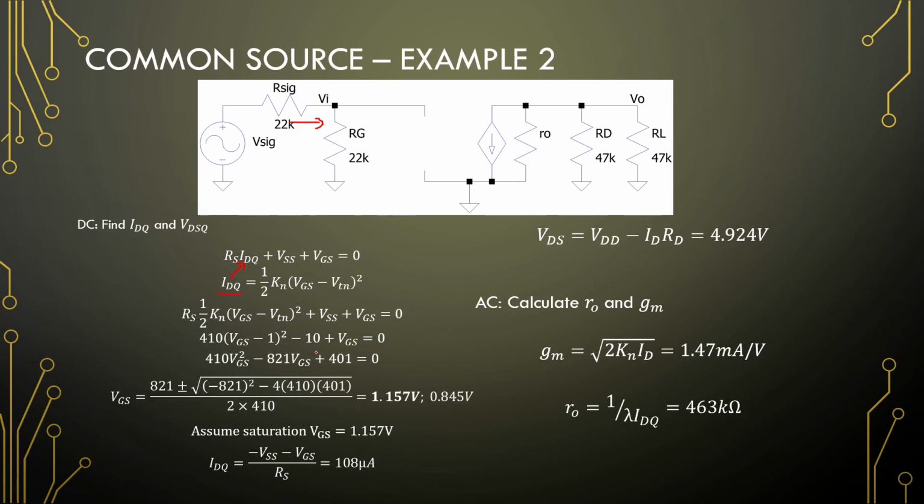Okay, so if we multiply this out, (VGS minus 1) squared, we get a quadratic equation.